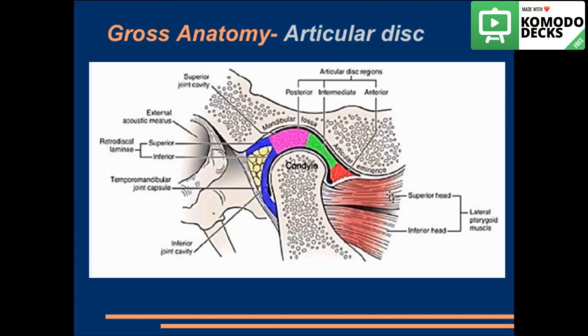So, as we said, the articular disc has regions: posterior, intermediate, and anterior zone. From the posterior thickest point, it is attached to the capsule by the superior and inferior lamina, while it is attached anteriorly by fibrous bands to the bony regions.